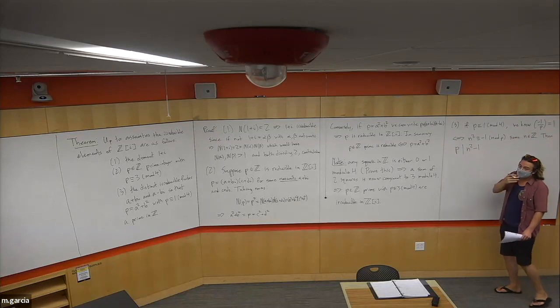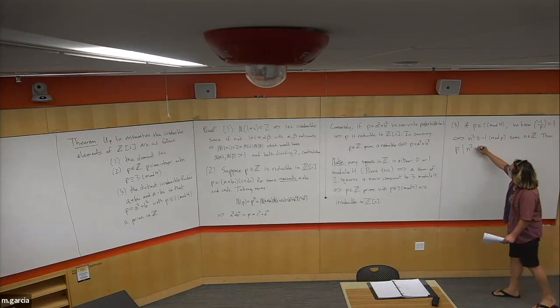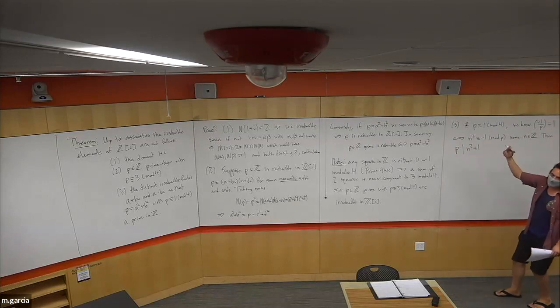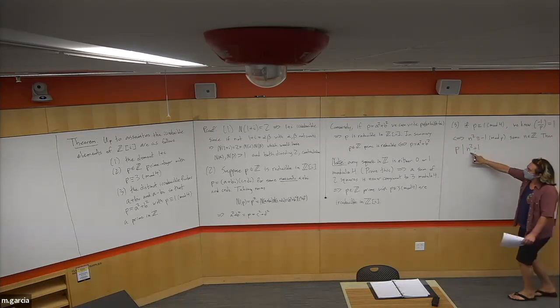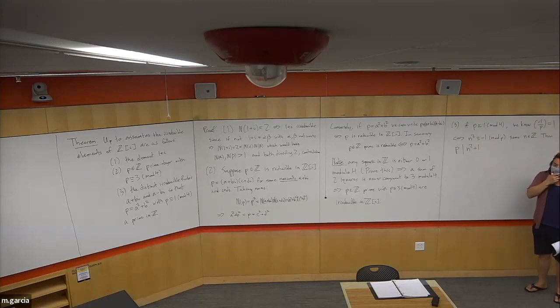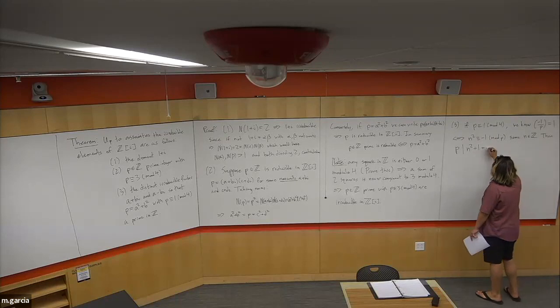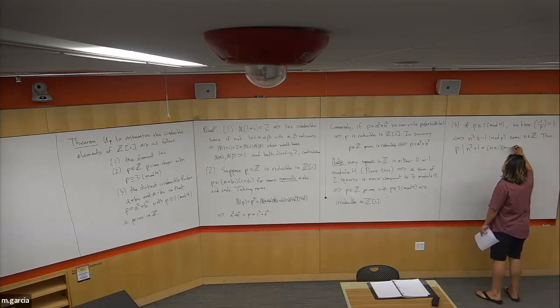Subtract negative 1. Okay, good. What do we notice about this form? Yes, you can factor it in the Gaussian integers, right? So n plus i times n minus i.